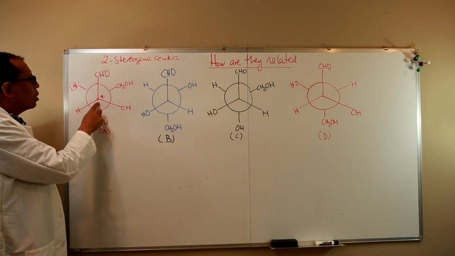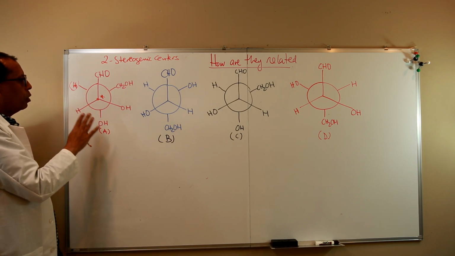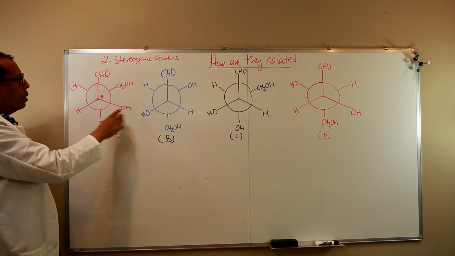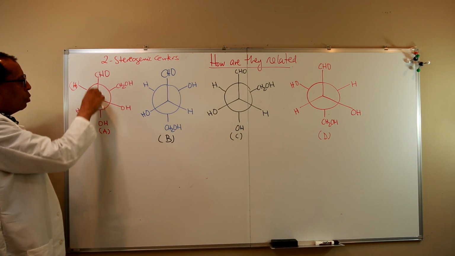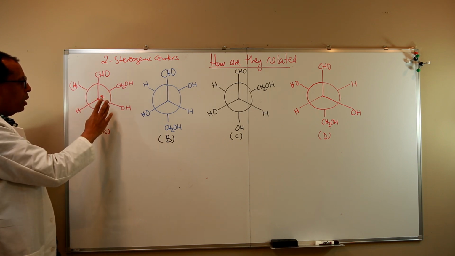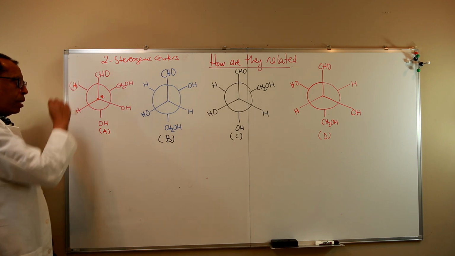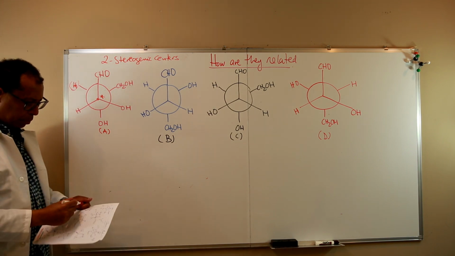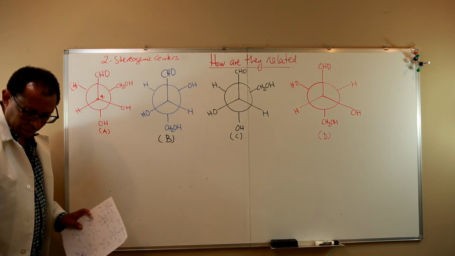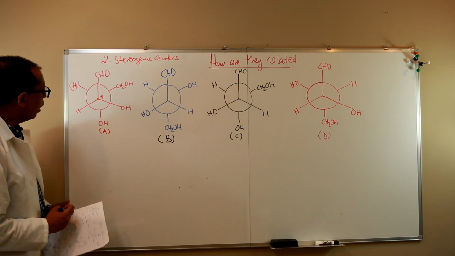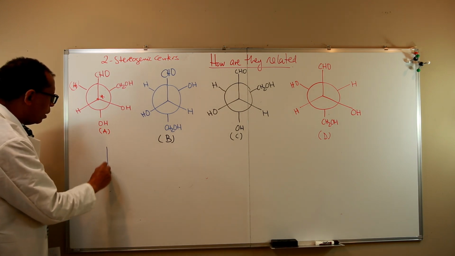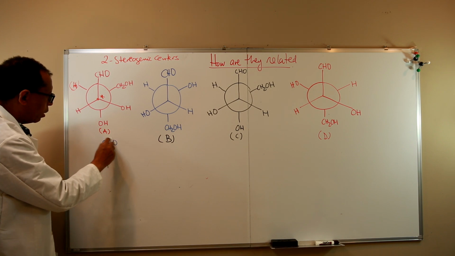So to begin with this one, you can always keep two of the groups in the same plane, one out of the plane, and the other inside the plane of the board. So the way I will resolve this is by just drawing CHO. This is the aldehyde group.